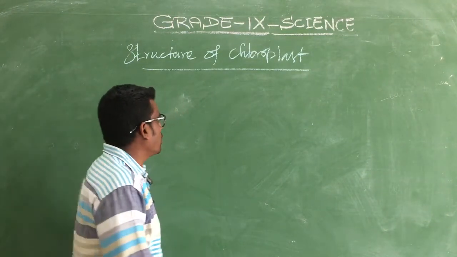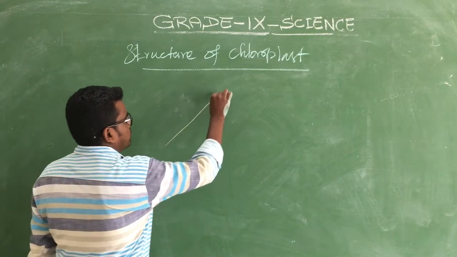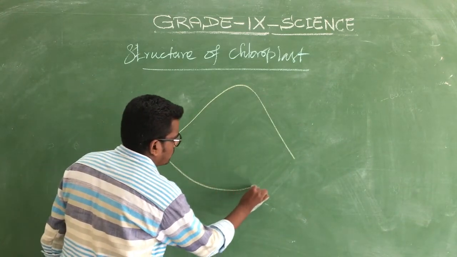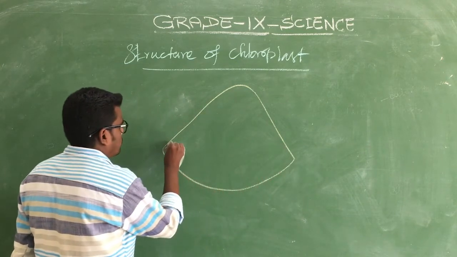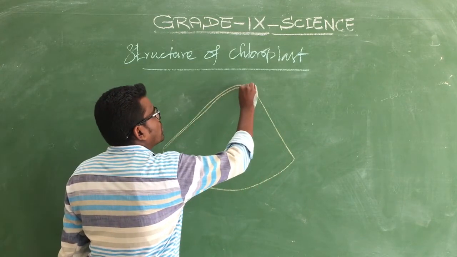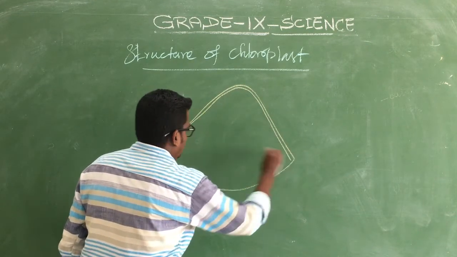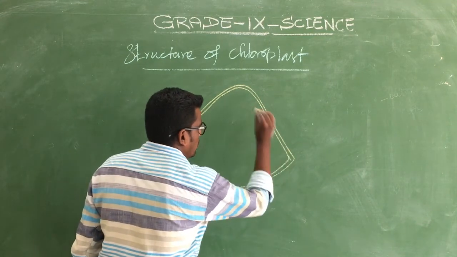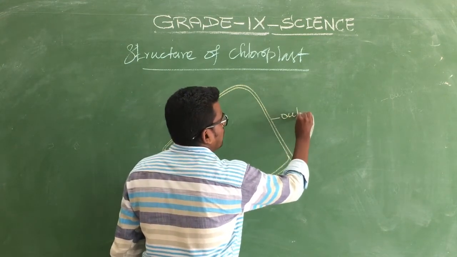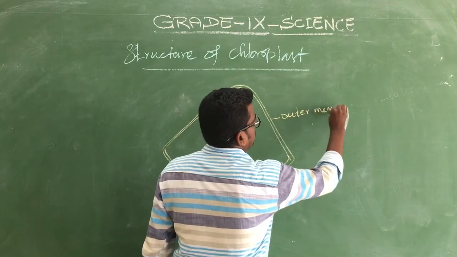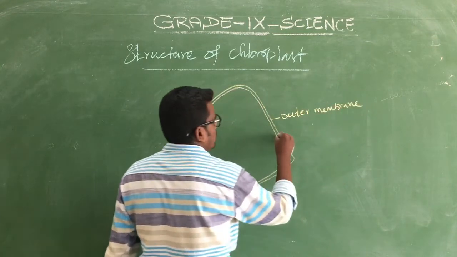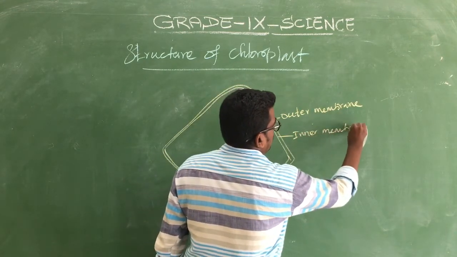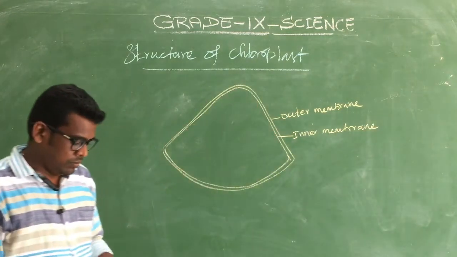Now we'll see the structure of the chloroplast. There is an outer and an inner membrane, like in a mitochondrion.